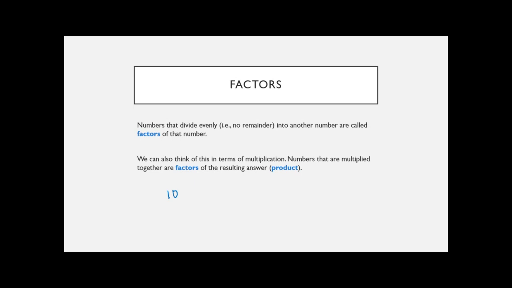If we are looking for numbers that divide into 10, that gives us 1 divides into 10, 2 divides into 10, because 10 divided by 1, 10 divided by 2, these give you whole numbers. 5 goes into 10, and 10 goes into 10. So all of these numbers that I can divide into 10, these are called factors of the number 10. So it's just all the numbers that you can think of that divide into that number. So that's how I usually think of factors.